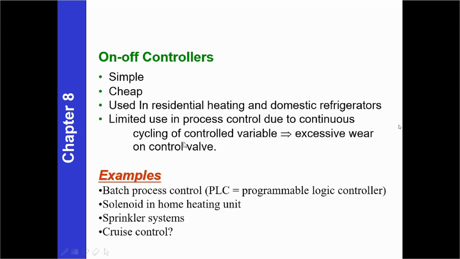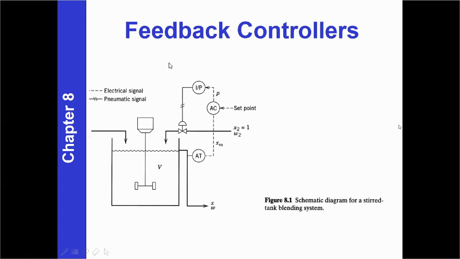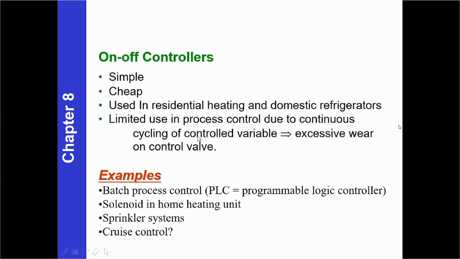In this case, we probably do not use it for this kind of stirred tank blending system, but it's more used, for example, for heating, like when you're having your water shower. Actually it's not the temperature, it's the thermostat of the water heater. So it's also similar to residential heating in this case, or a domestic refrigerator.